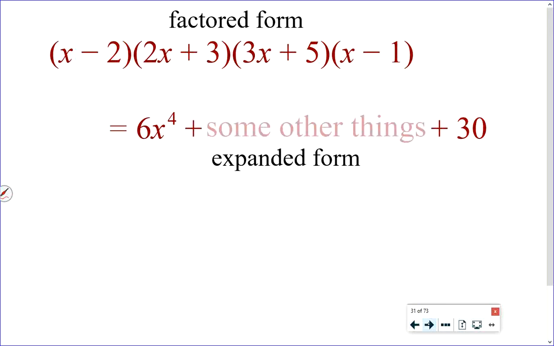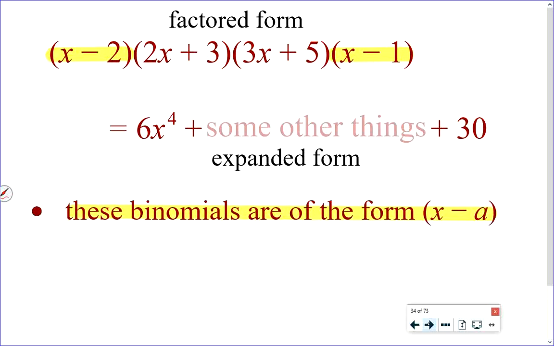And you get other stuff, okay? Filler. But you've got these 2 pieces of bread and then the stuff in between, which we don't really care about. Well, I want you to notice that these factors are factors of the form x minus a. And that's what we want to focus on. We could look at the other factors, but I don't care.